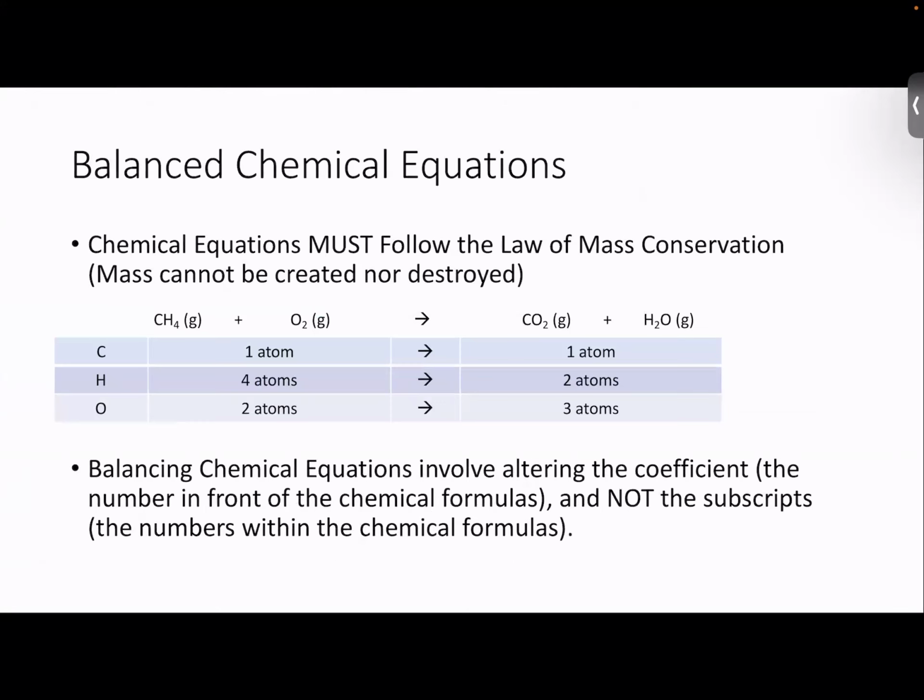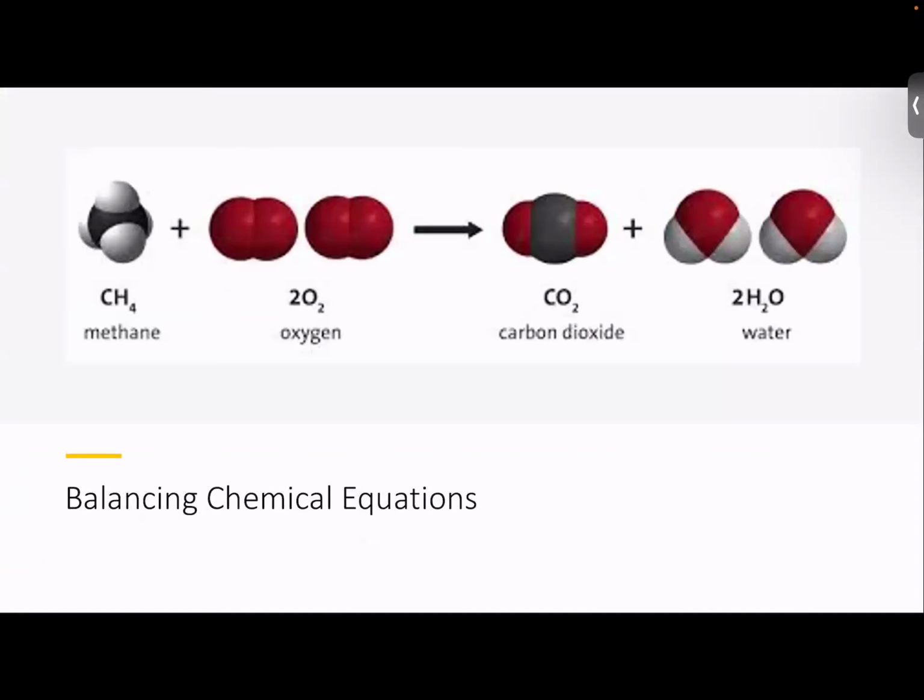So in order to balance this chemical equation, what we're going to need is 1 methane, 2 oxygens, to produce 1 carbon dioxide and 2 water molecules.